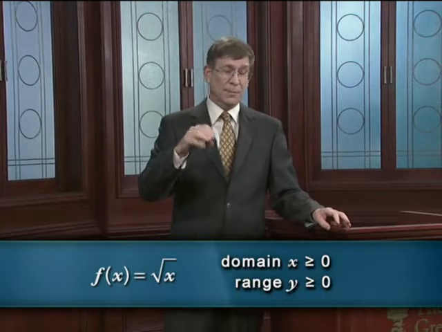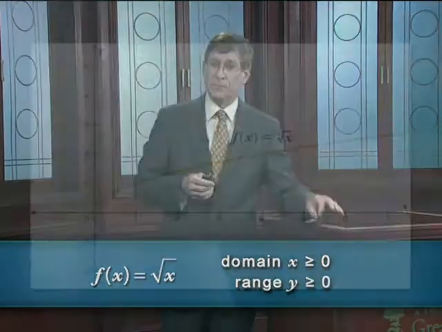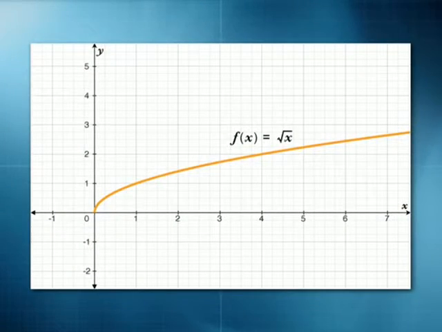It'll be all real numbers greater than or equal to 0. Here's a graph of the square root function. I obtained this by some point plotting, calculating some square roots of numbers and plotting them in the plane. You could also obtain this graph with your graphing calculator. I invite you to do that and see if it looks sort of like this picture here.